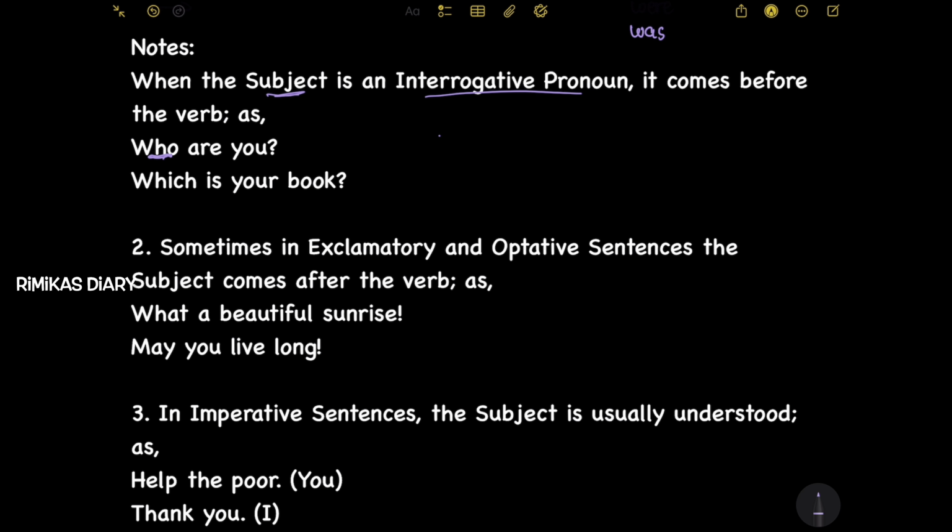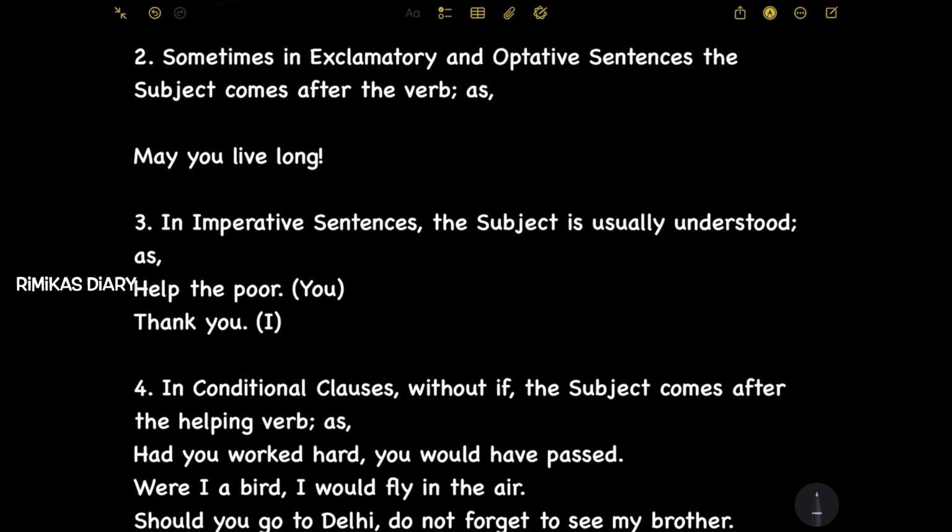So this is the subject, and it comes before the verb. So here the verb is are. Next, which. Which is the interrogative pronoun, so it came before the verb is. Who are you? Which is your book?